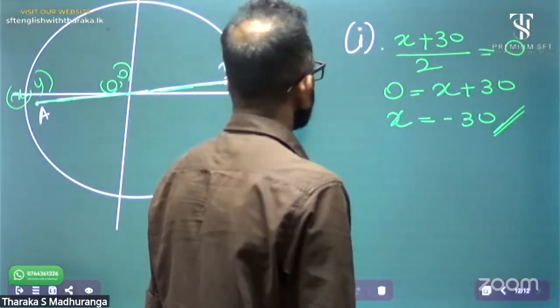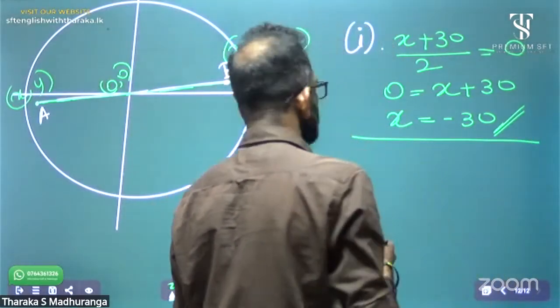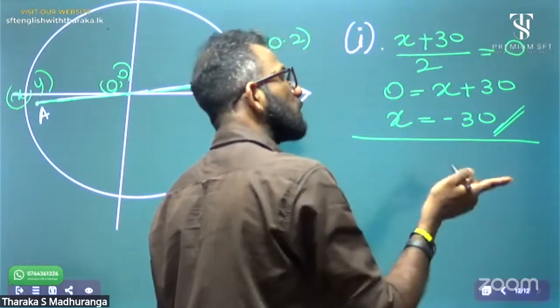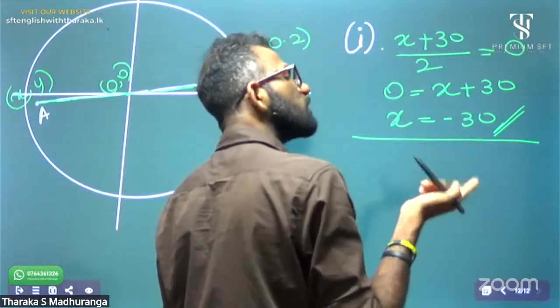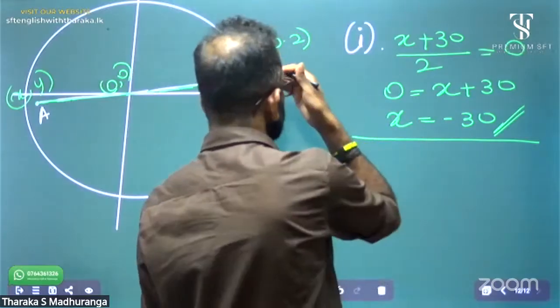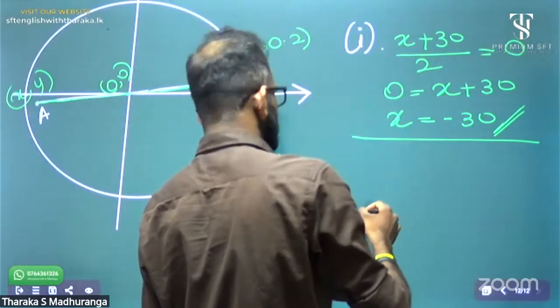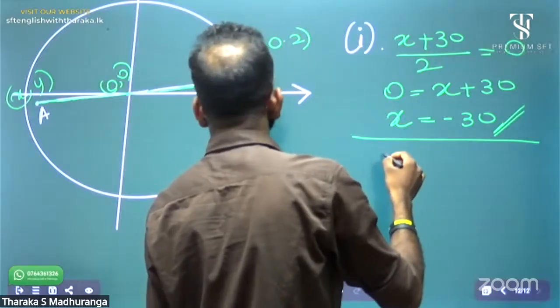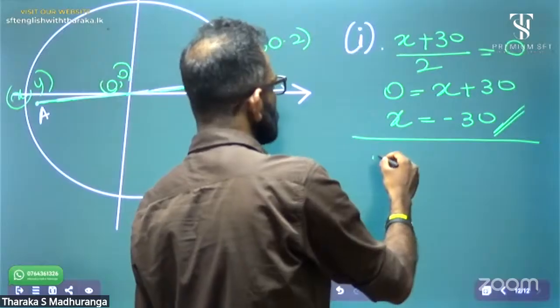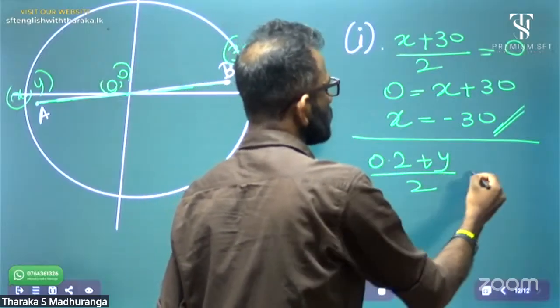Now the y coordinate, same method. Please note down the question number and exam paper number: past paper 2020 A-level, question number 6, coordinate geometry. Now, 0.2 plus y over 2 equals 0.